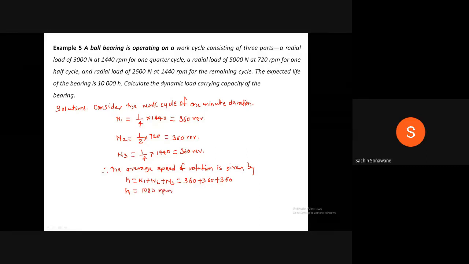Now again the same procedure, we will find out equivalent load, then we will find out life in million revolutions, and then we will find out dynamic load capacity. Therefore calculate equivalent load.